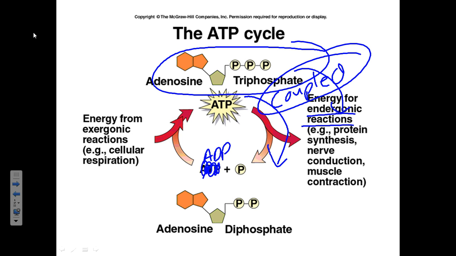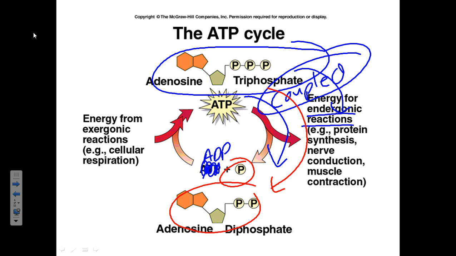They're coupled. They're a pair. Exergonic reaction coupled with endergonic reaction. Exergonic makes the endergonic one go. Right. But back to my battery analogy here for a minute. Think of ATP like a charged up battery. Going this way, we're using that battery. We're using the energy in that battery. And we end up eventually with ADP and P, which are like what?